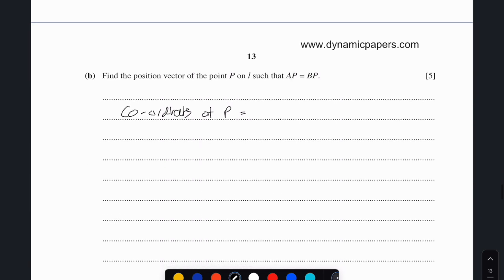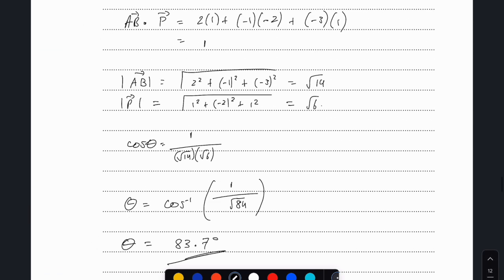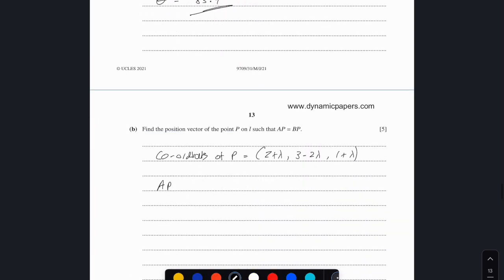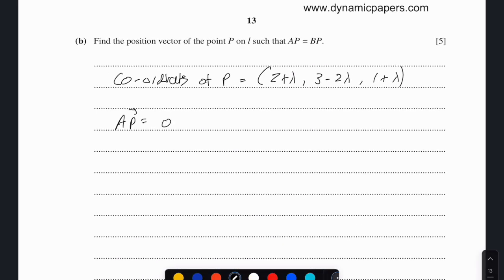So, therefore, we've got P as (2 + λ, 3 - 2λ, 1 + λ). Right, AP. Now, what is AP going to equal? Well, we've got A here, so we've got OP minus OA.